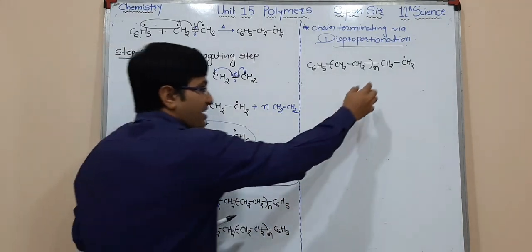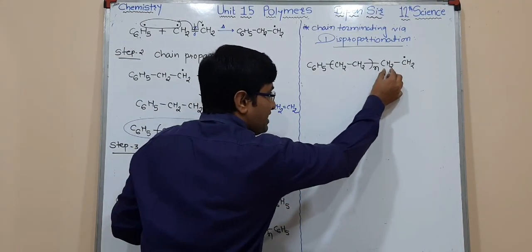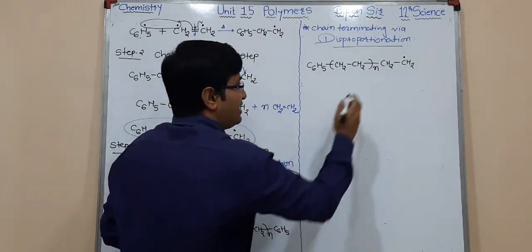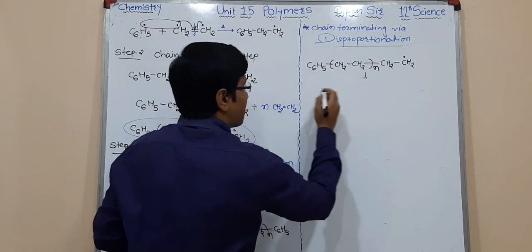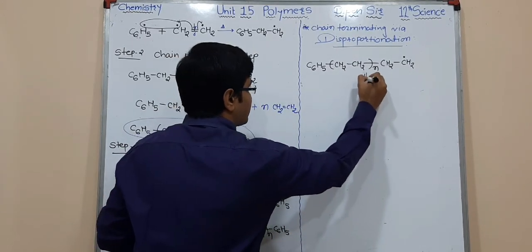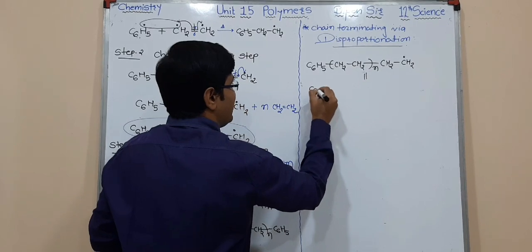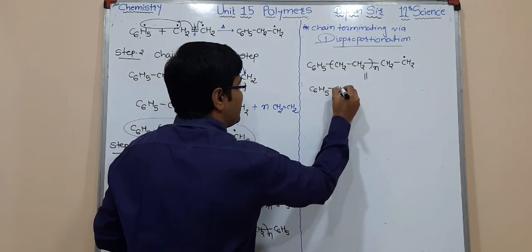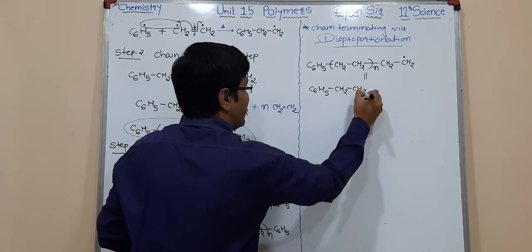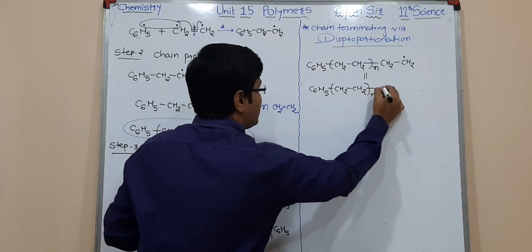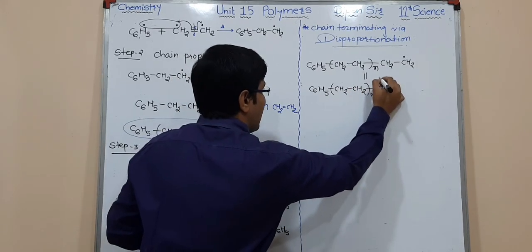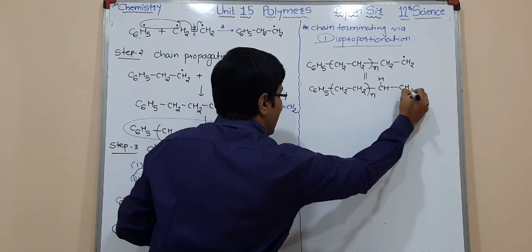I can write the second last CH2 like this: C6H5 CH2 CH2 n times CH CH2.